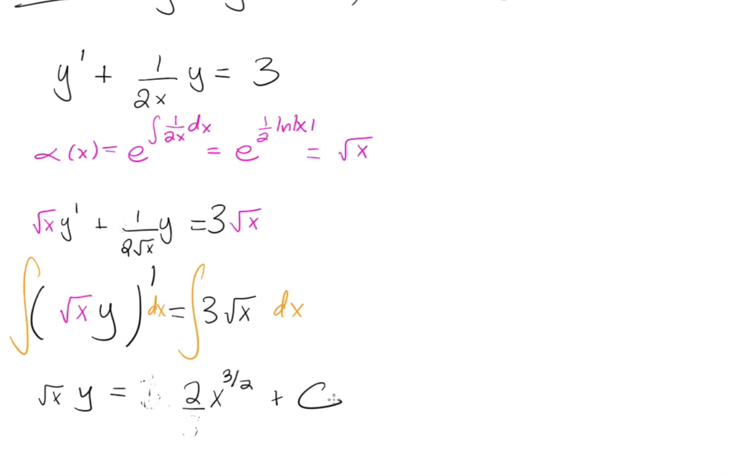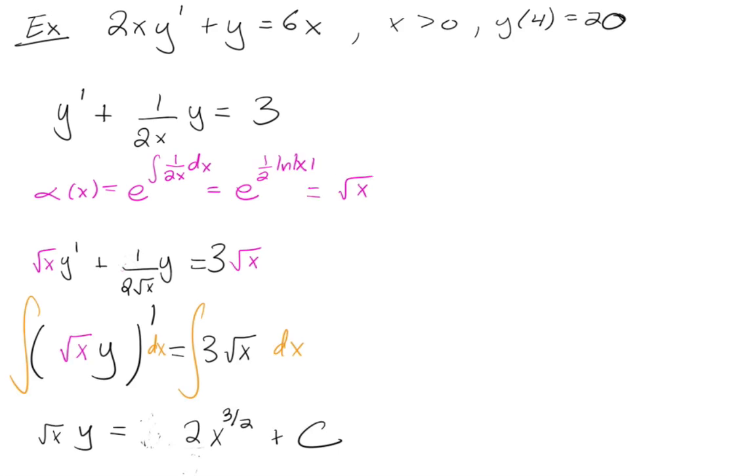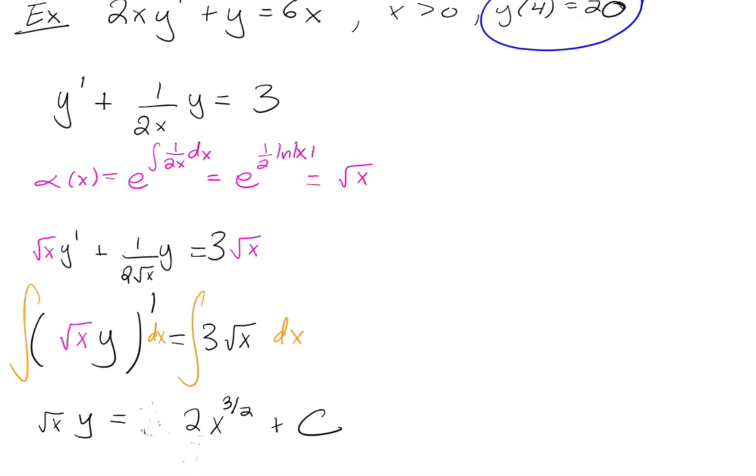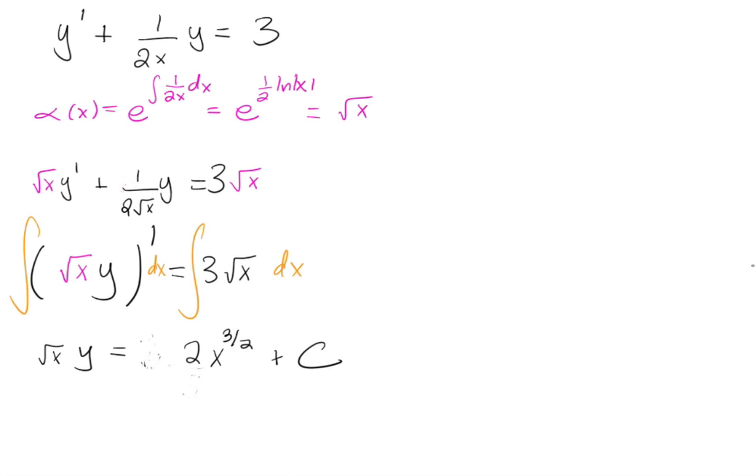Okay, so this time though, we have some conditions that we need to satisfy, right? So we know that y of 4 is equal to 20. So that means that I'm able to find what c is, right? So I plug in 4 for x, 20 for y, and that'll give me c.